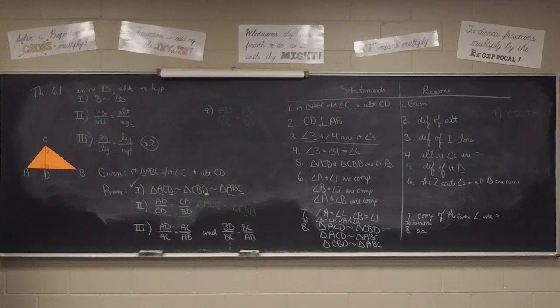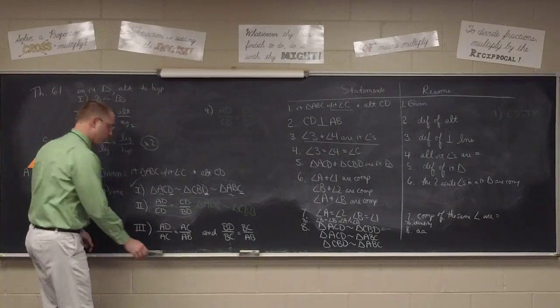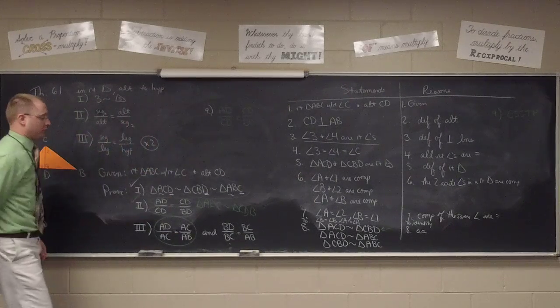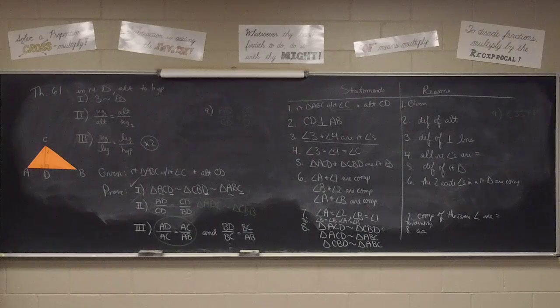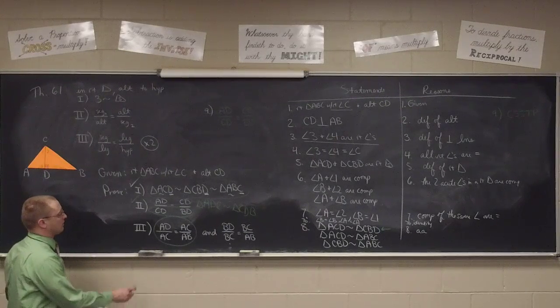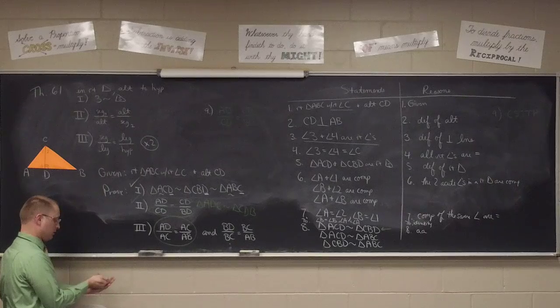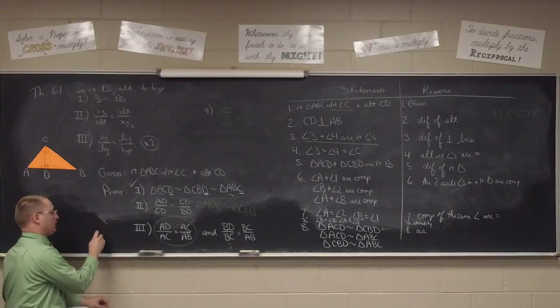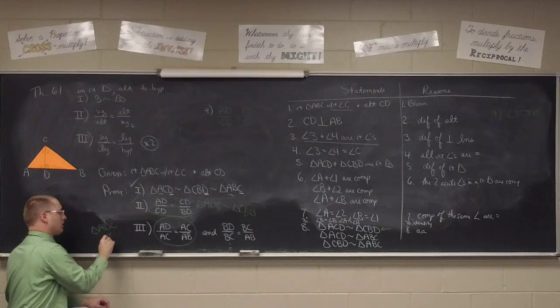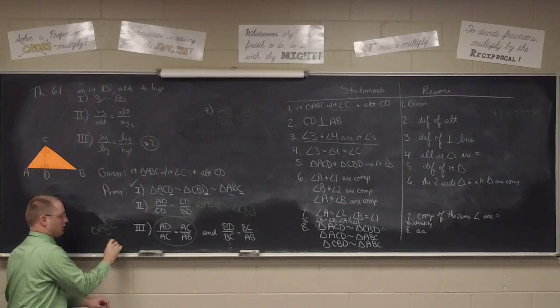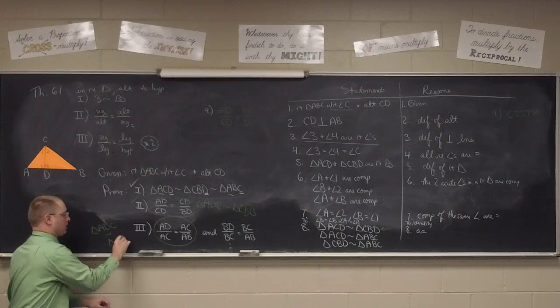All right, let's come to number 3. I want to prove that this proportion is true. What would have to be true for that proportion to be true? Ethan? For triangles ADC to be similar to triangle ABC.